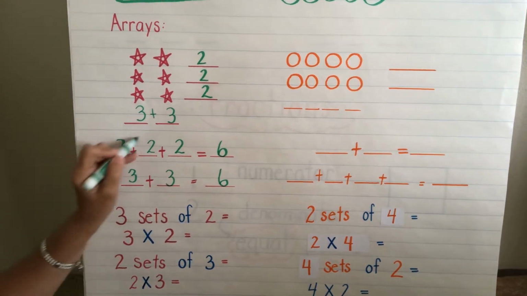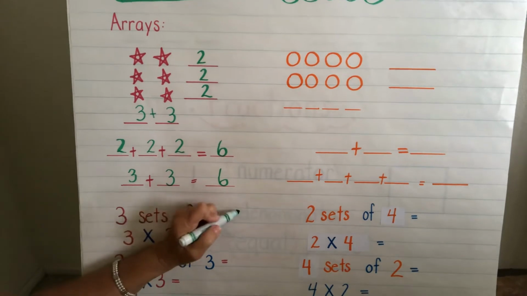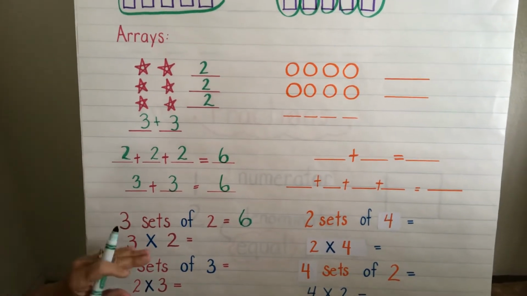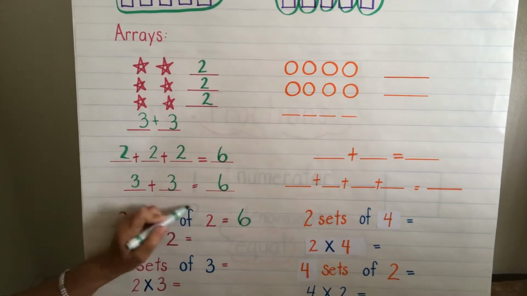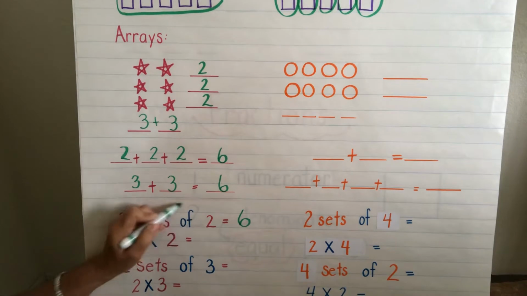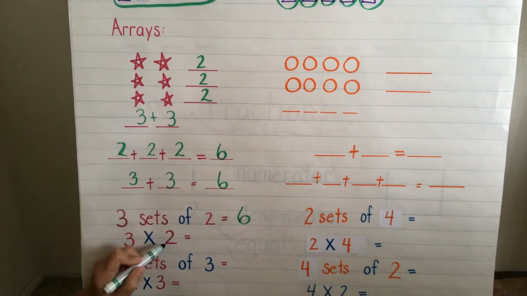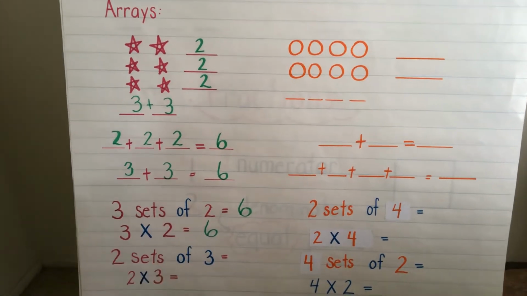Here's 1 set, 2 set, 3 set. When I put those all together, it equals 6. In math, when you see the word of, it means multiply. So if I remember that, I can say 3 times 2. And 3 times 2 equals 6.